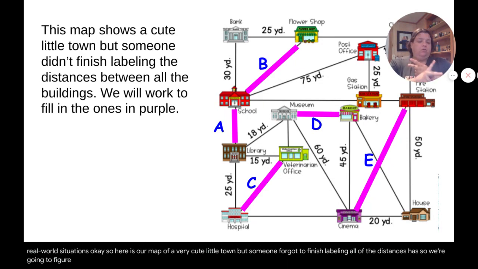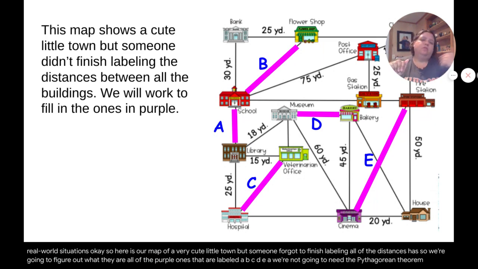So we're going to figure out what they are. All of the purple ones that are labeled A, B, C, D, E. For A, we're not going to need the Pythagorean theorem, but for the others we will.